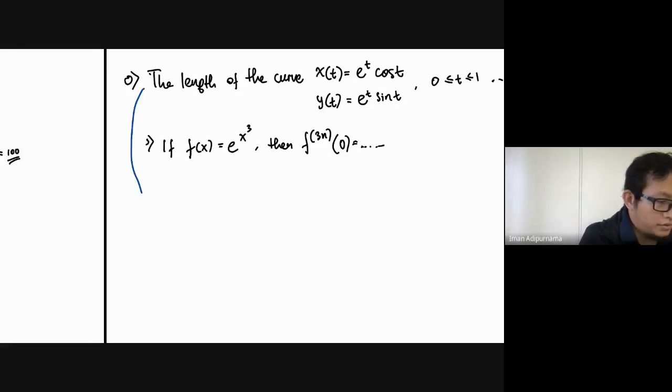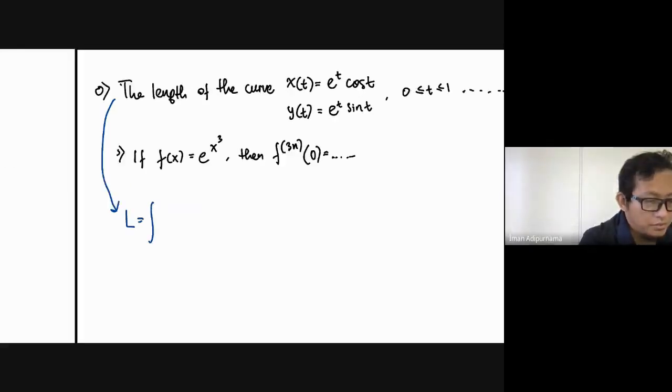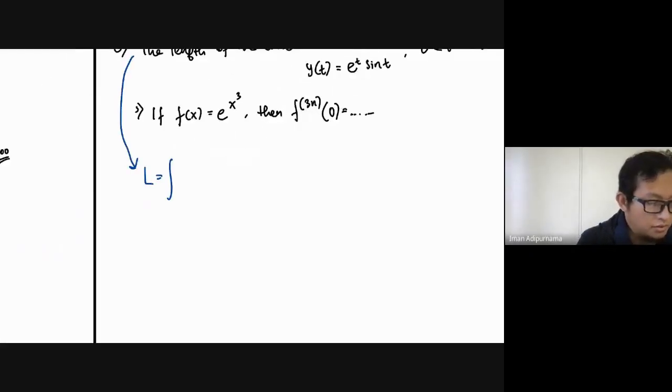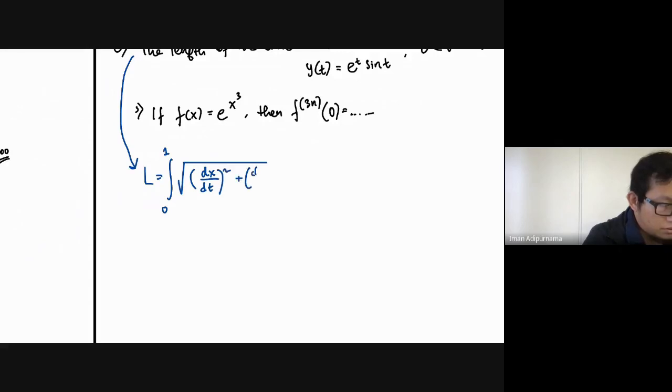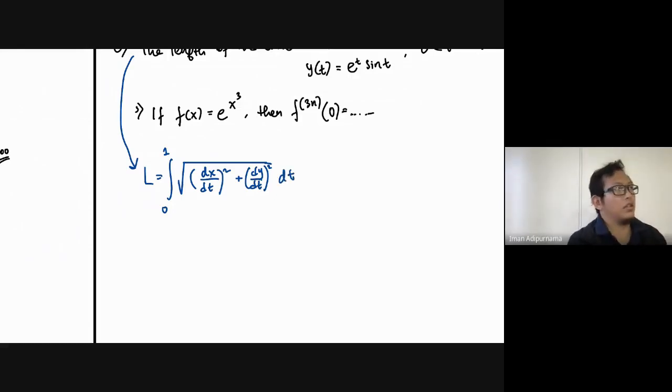Okay, for the length of the curve, as long as you know the formula for the length, you just need to write the formula, and then the rest of the calculations will be just algebra and integral for the formula.